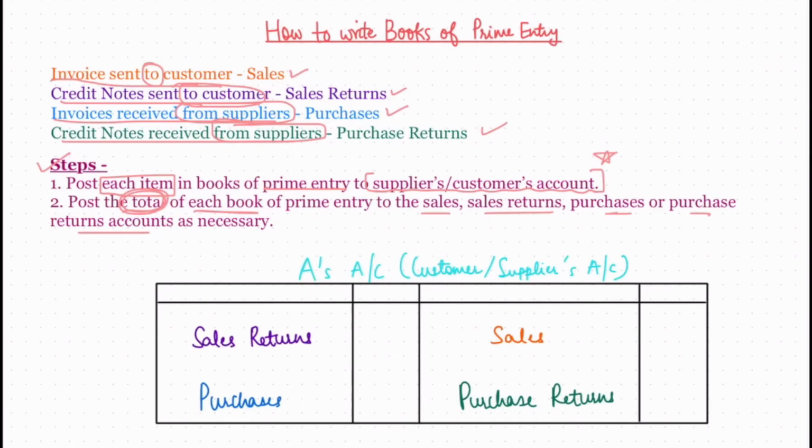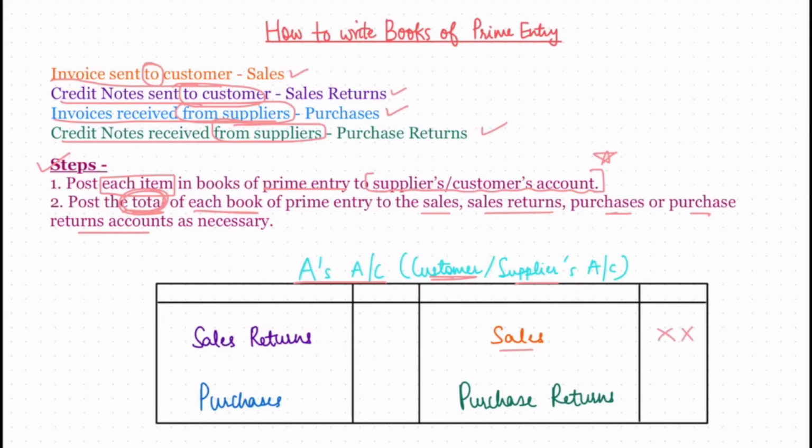Okay, so here is the format for it. For instance, A's account, that is the customer's or the supplier's account. Now sales has a credit balance because of the nominal rule. Therefore sales will be posted on the credit side, the total of it.